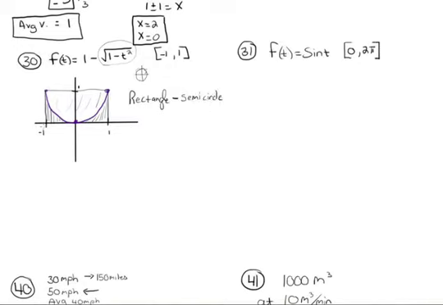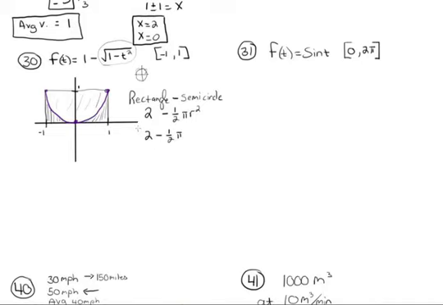So the area of the rectangle is going to be 2 by 1. So the area is 2, minus the area of the semicircle, going to be 1/2 of pi r squared. The radius is 1, so that's going to be 2 minus 1/2 of pi times 1 squared, which is just 1.